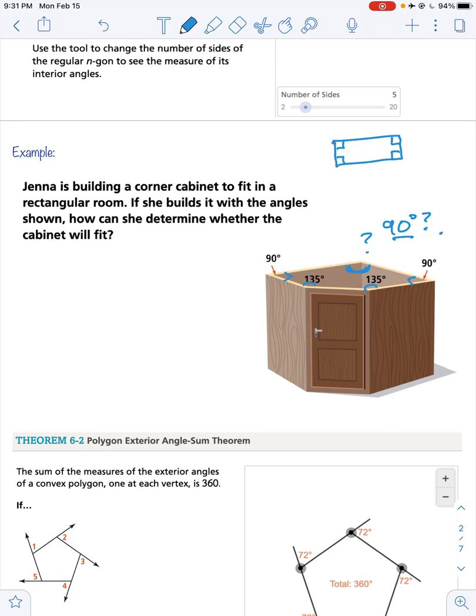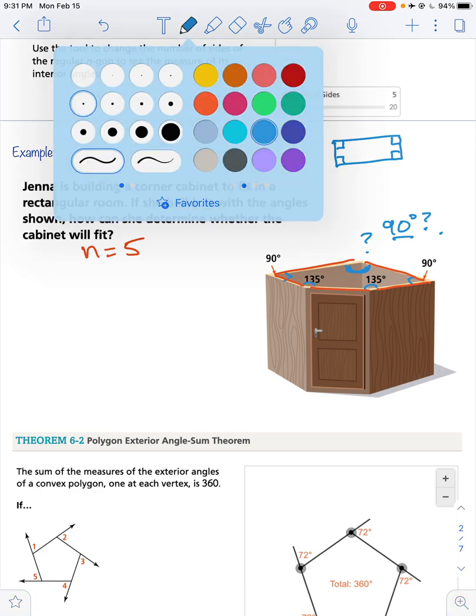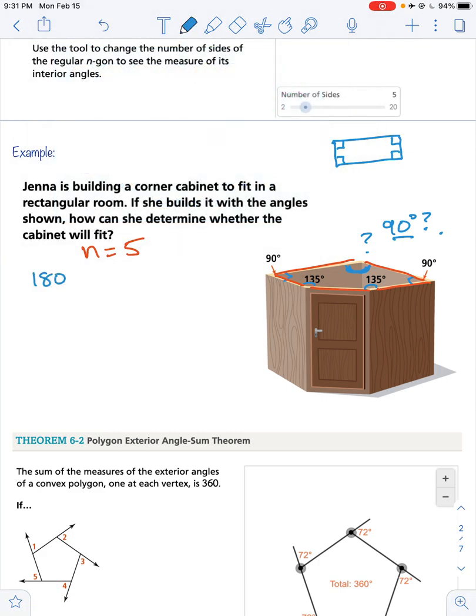Well, if I take this and I count the sides, I've got 1, 2, 3, 4, 5 sides. That means my n is equal to 5, right? I can use my formula, 180 times n minus 2, to figure out the sum of all of the angles.